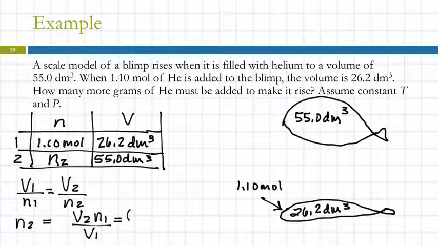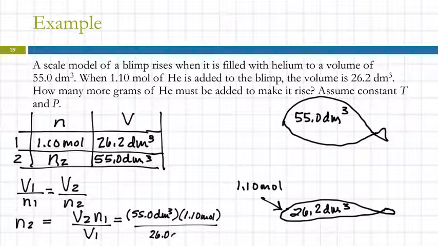So volume 2 is 55.0 cubic decimeters. N1 is 1.10 moles. Divided by volume 1, 26.2 cubic decimeters. The cubic decimeters cancel out, and we're rid of that unpleasant unit. So 55 times 1.1 divided by 26.2. I didn't do that very well.